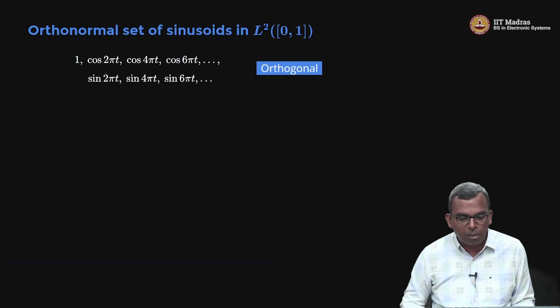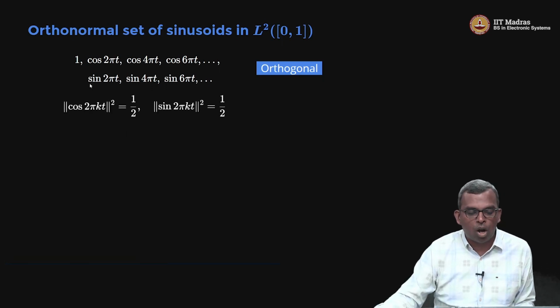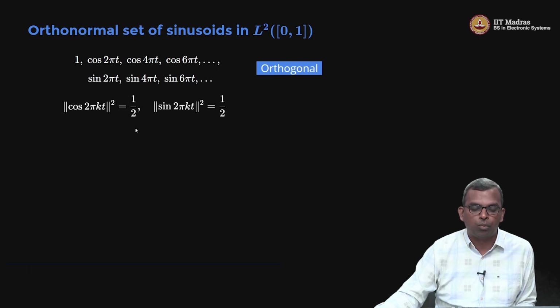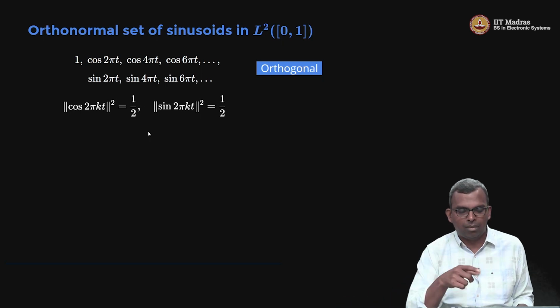Now you can make it orthonormal also. The only thing that's missing is normalization, so you have to find the norm. It turns out the norm of 1 is actually 1, but the norm of all these other cos and sines is 1 by root 2. This is very easy to see, and you can integrate very easily.